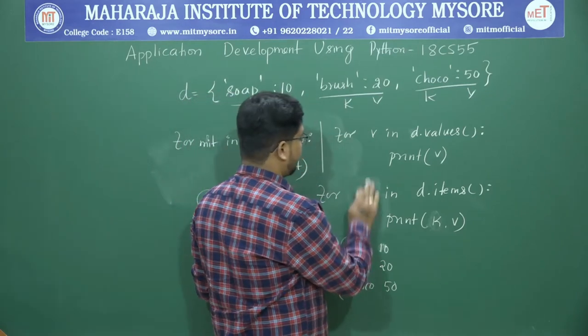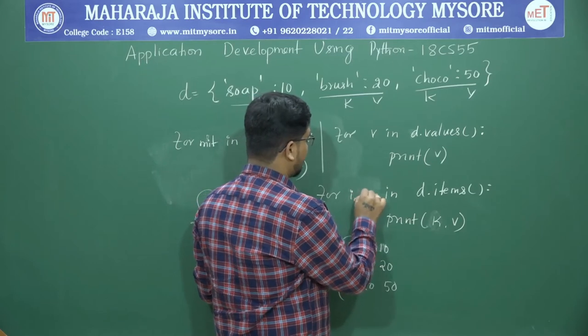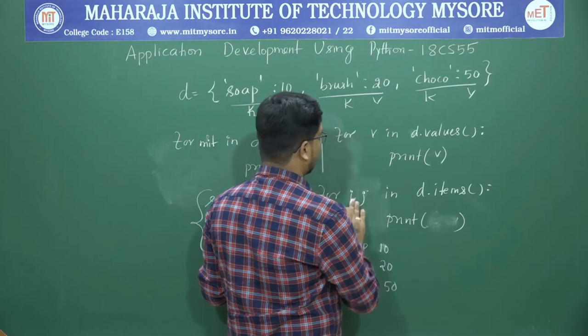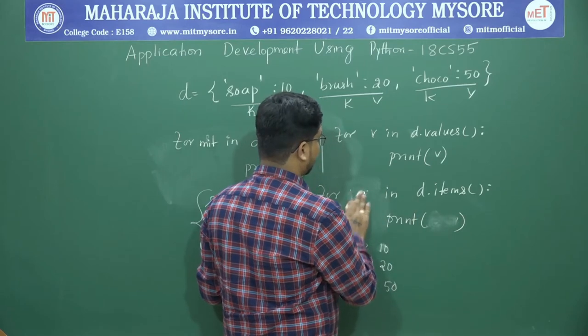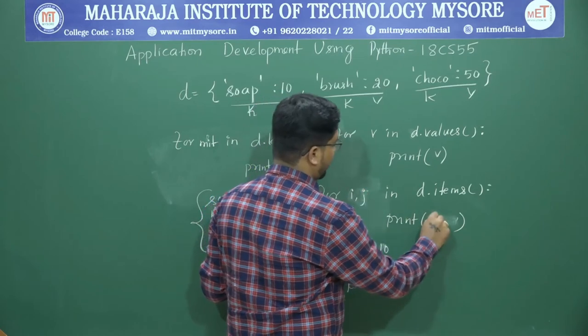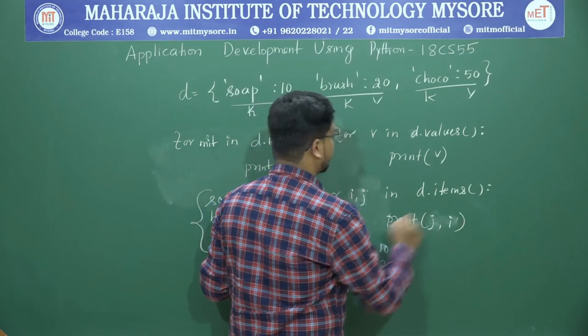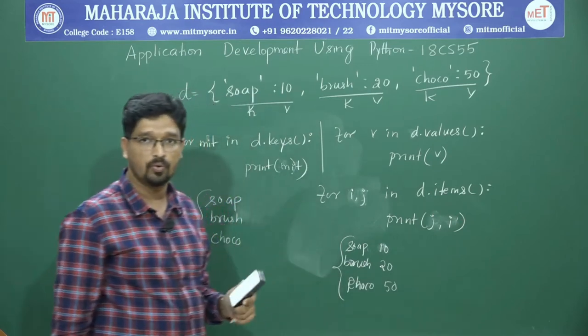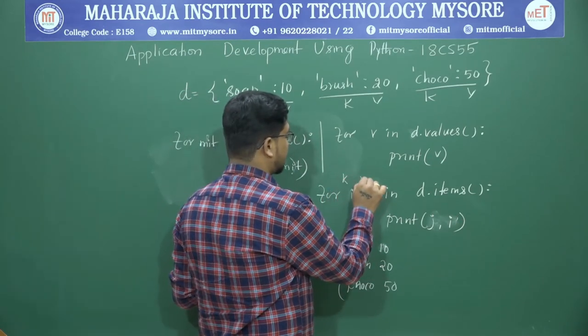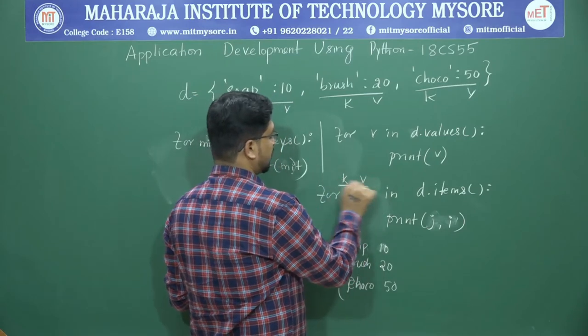If by mistake you write j comma i instead of i comma j, then what is the output? Here i stands for key, j stands for value, always.